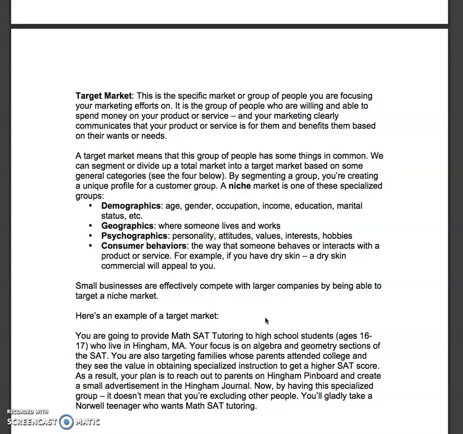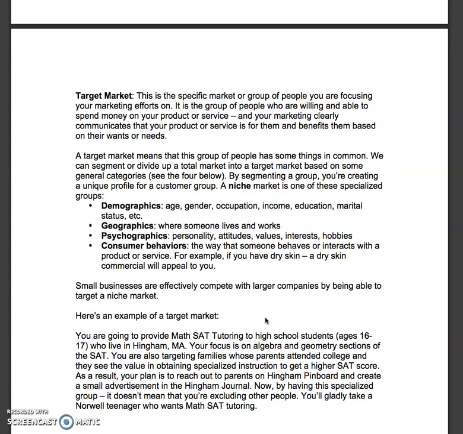As a result of defining this target market, you have determined that it makes more sense to reach out to this group in really specific, concentrated areas, such as an online website geared towards locals, parents within that community, or a small advertisement within the local paper. Now, you would gladly take a student from another town that doesn't fall within your target market, but the reality is you have limited resources.